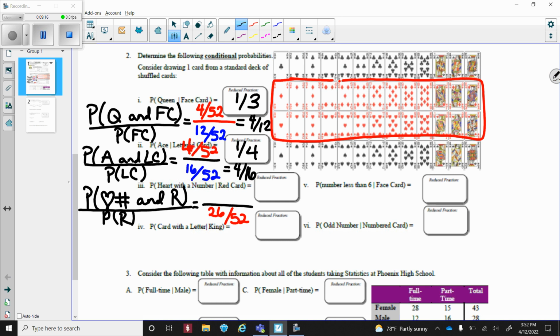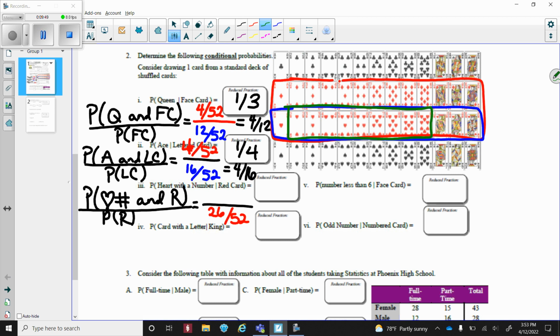Now I have to figure out how many of those are hearts with a number. So not only hearts, but they also have a number. Well, by looking at this, I can see that my hearts are this second row here in the reds. But not all of them have numbers. The ones that specifically have a number are 2 through 10.